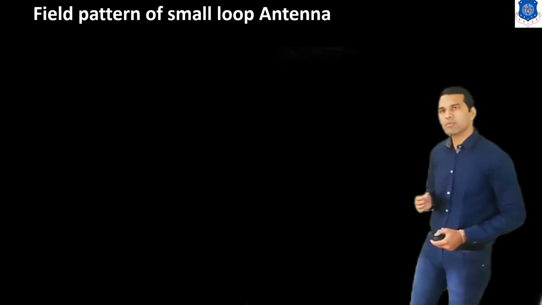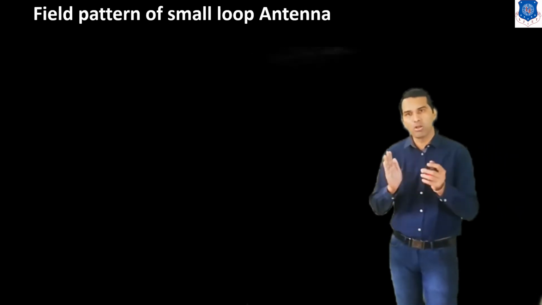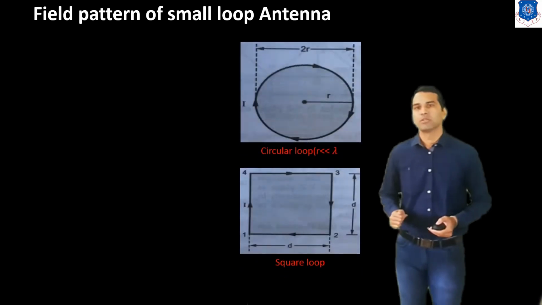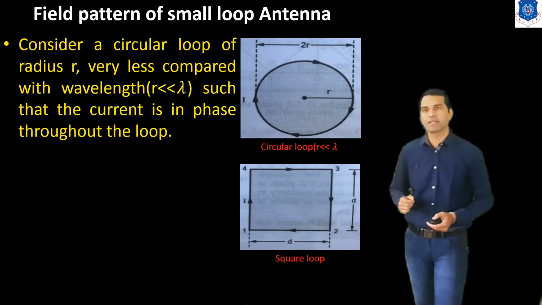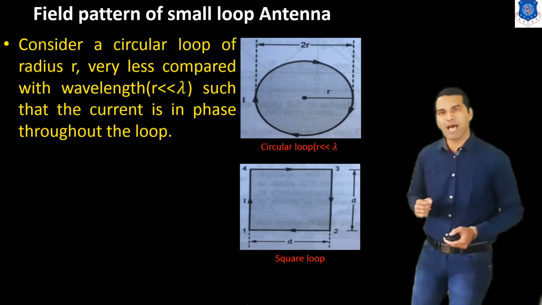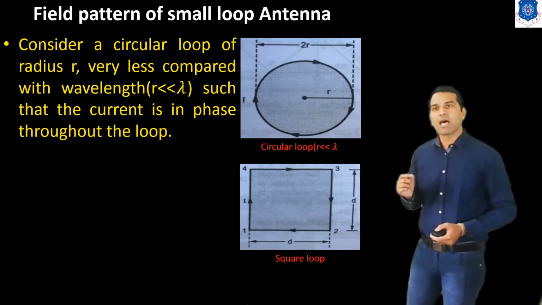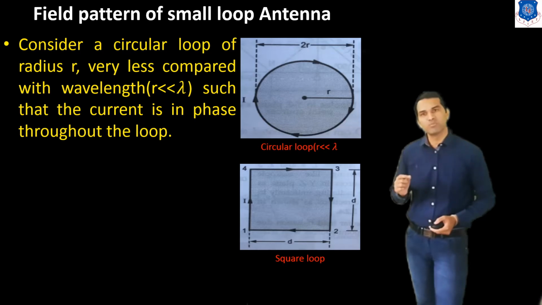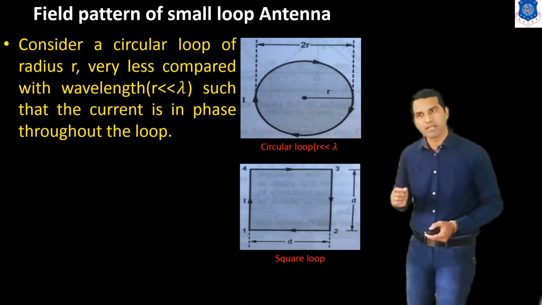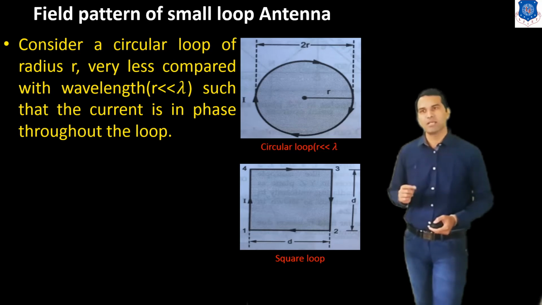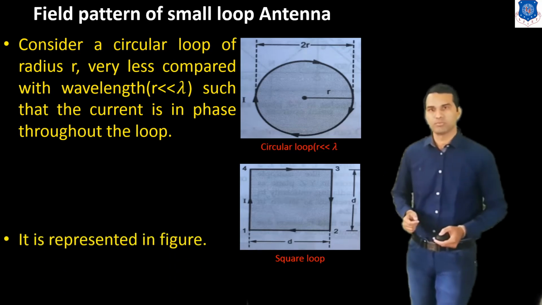Now we discuss the field pattern of a small loop antenna. In the figure, consider a circular loop of radius r. The radius r is very small compared with the wavelength lambda, such that the current is in phase throughout the loop.